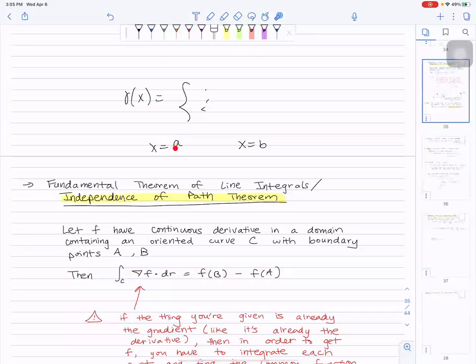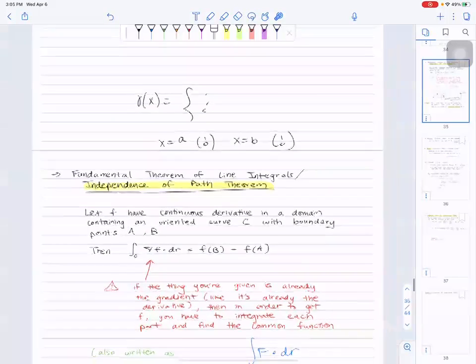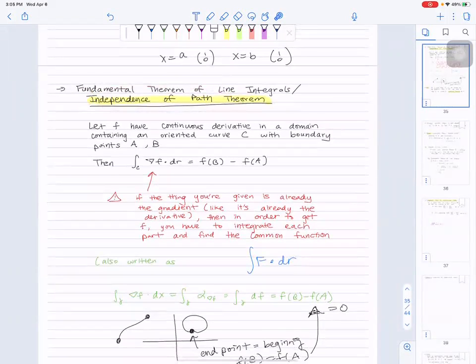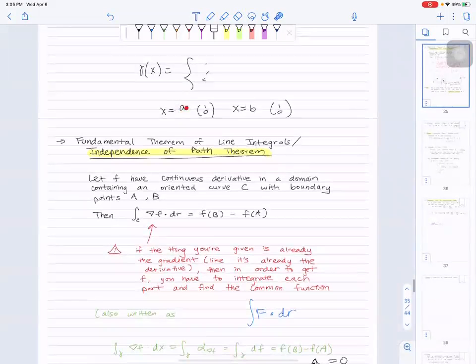If you plug in a here and you get some point like 1 0, and you plug in b and you also get 1 0, then that makes things much easier because it's probably a closed path. You can probably use independence of path theorem and it's going to give you 0 instead of doing all the work. So if you plug in your points and you find the starting point and the ending point are the same, most likely it's going to be independence of path theorem.